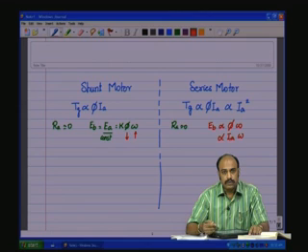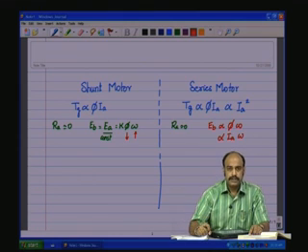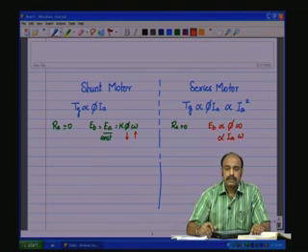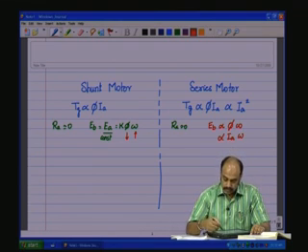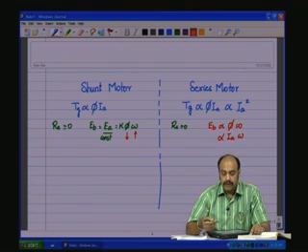If Ia is 0, that is at low speeds, when the shaft is not rotating, Eb is 0. Even if there is an Ia and the shaft is not rotating, that is omega is equal to 0, Eb is 0. Under no load conditions, when Ia is close to 0, then also Eb is equal to 0.